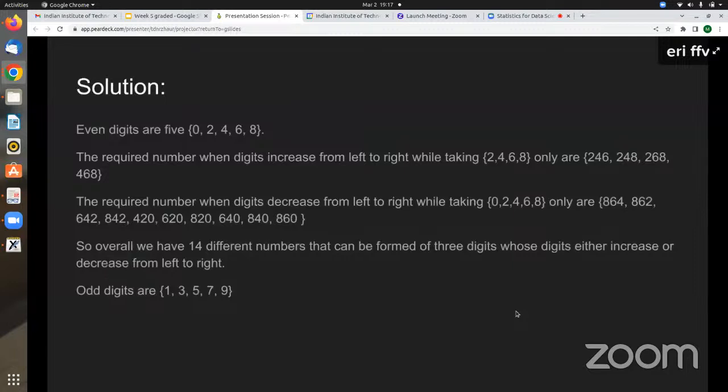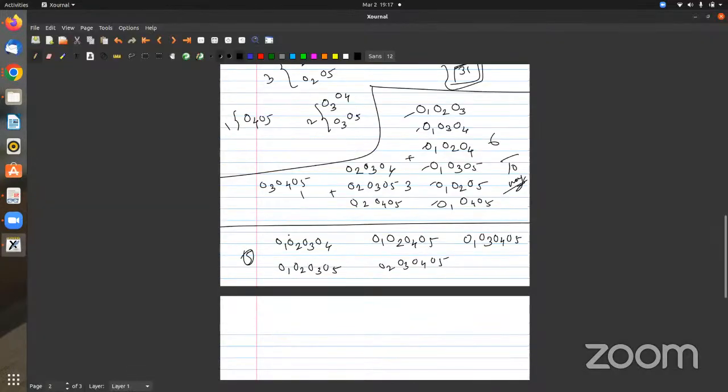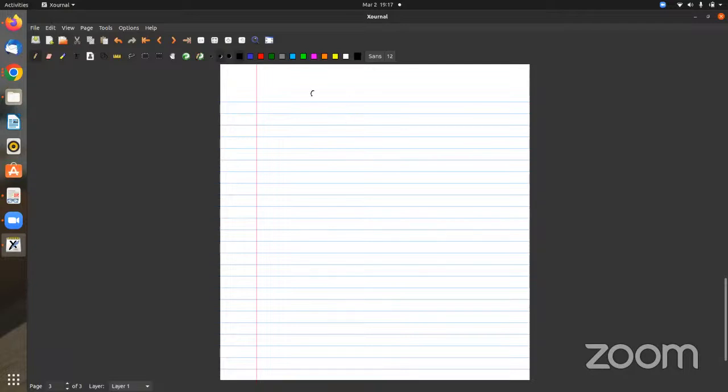First of all, let's see which numbers are possible. Which are the available digits? Let's talk about even digits first: 0, 2, 4, 6, and 8. And you have to find a 3-digit number by using these 5 digits.